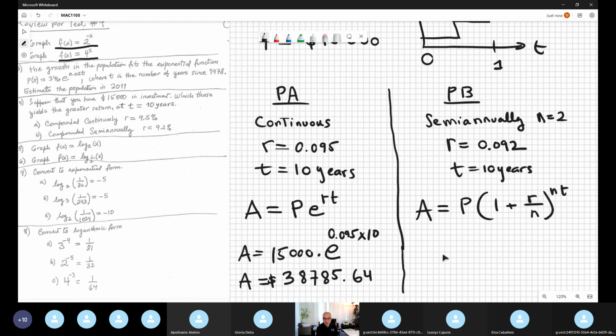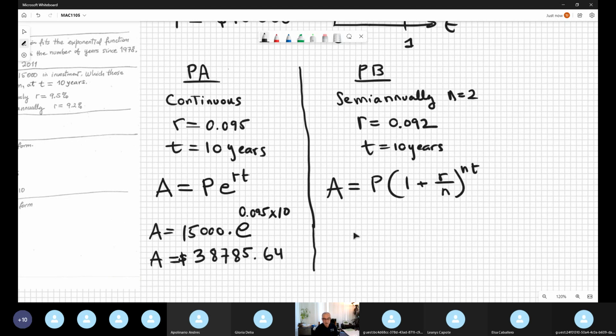Possibility B: the future value is equal to the same present value times 1 plus R, which is 0.092. Let me try.